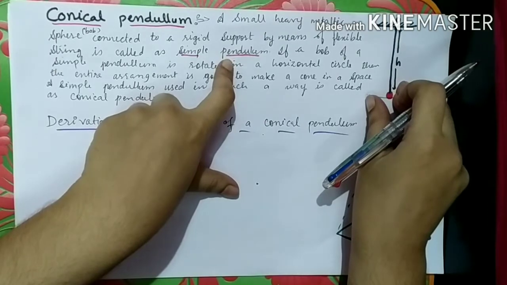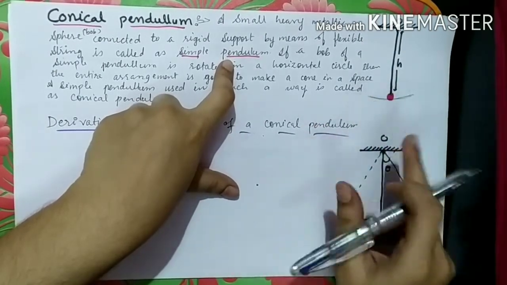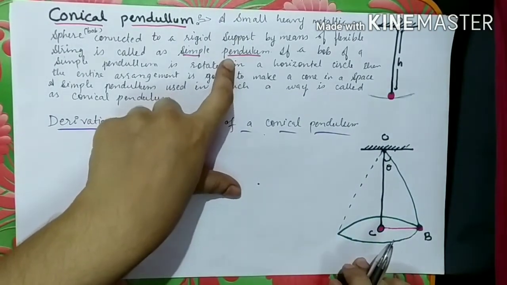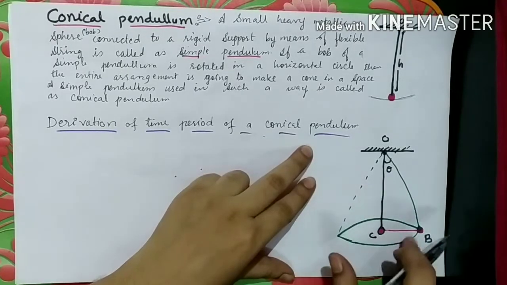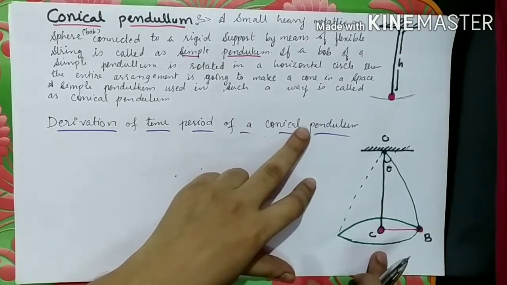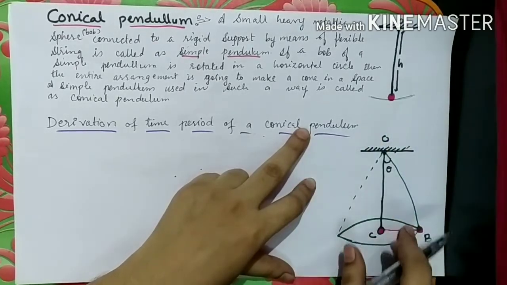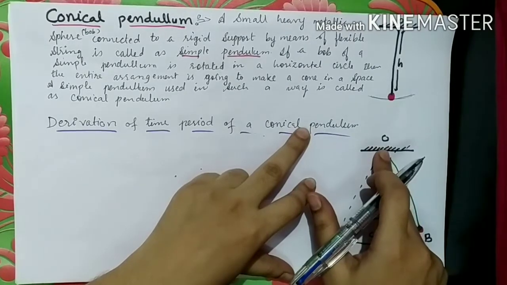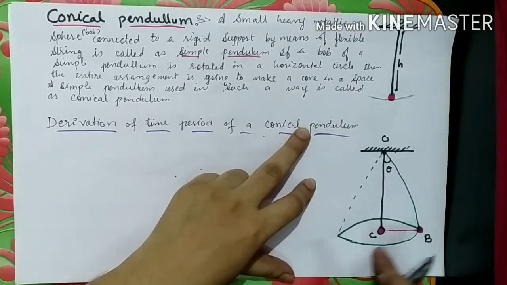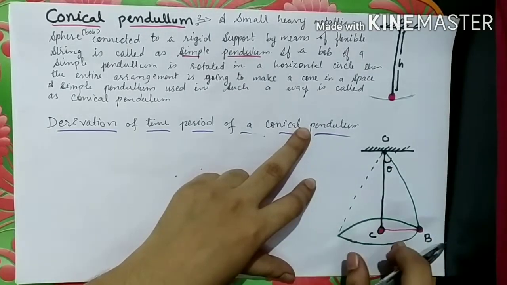Now second, if I use the same simple pendulum, as in the next figure, such that it is rotated in a horizontal circle, you will see that the entire arrangement, the bob and string along with the rigid support, makes a cone in space.